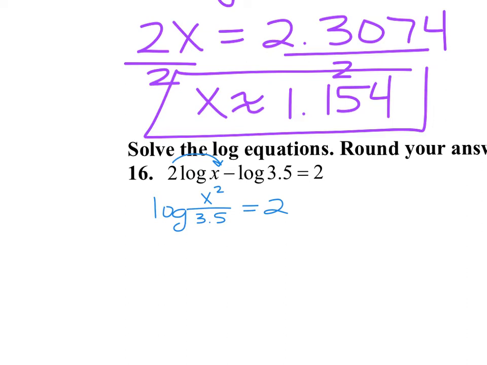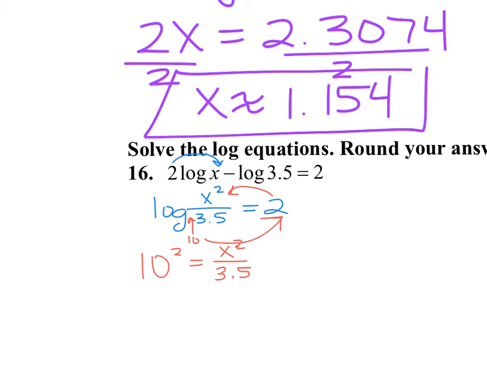And I feel like this is one where people are going to forget the next step a lot. What do you do? 10 to the second power, right? Set it up as an exponential. So there's a 10 here. So you take 10 to the second power equals this expression, x squared divided by 3.5.